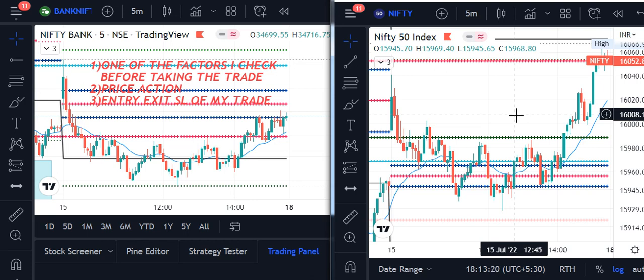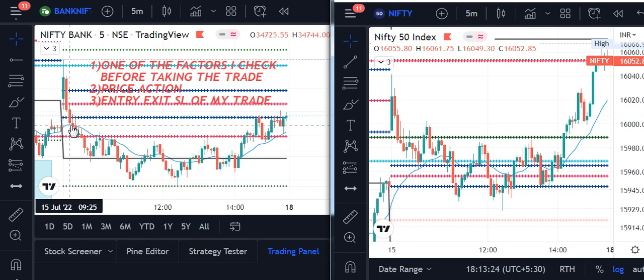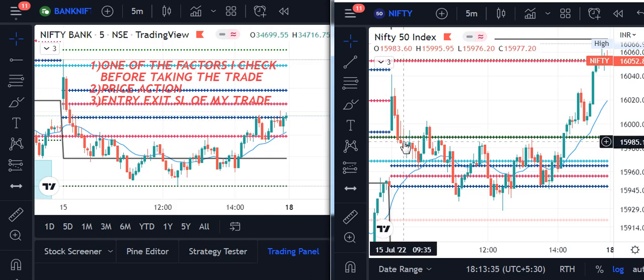For example, in Bank Nifty, in this 9:30 candle you can take the trade. If you want to take the trade, check the 9:30 candle in the Nifty also. If the 9:30 candle in the Nifty also shows a bearish reaction, then you can take the trade.